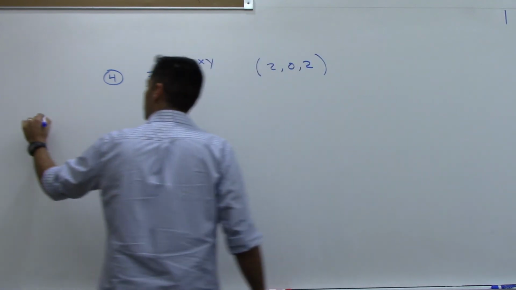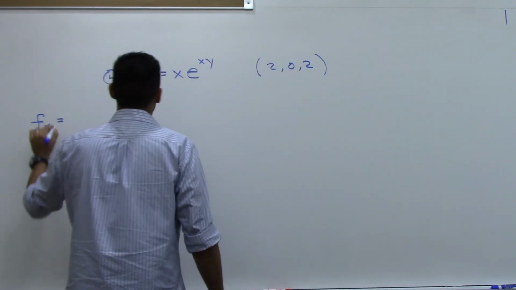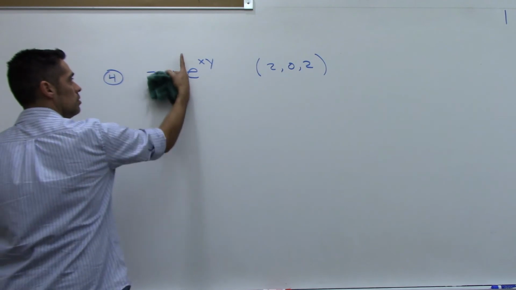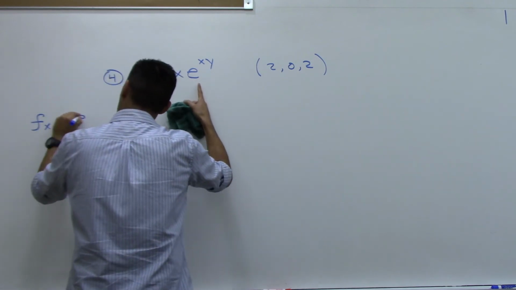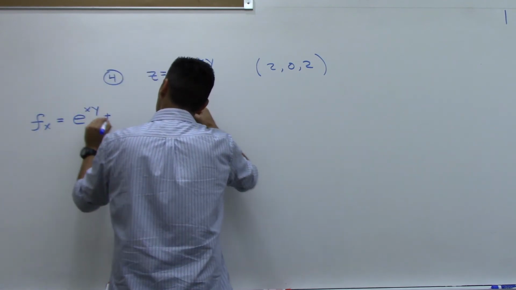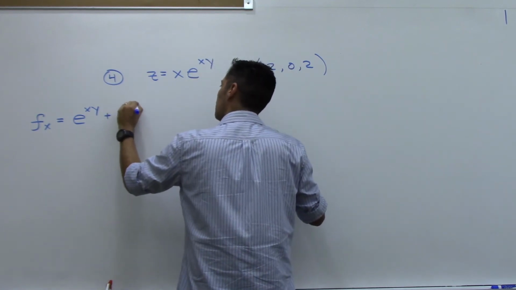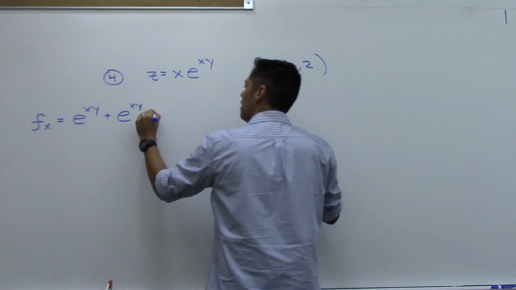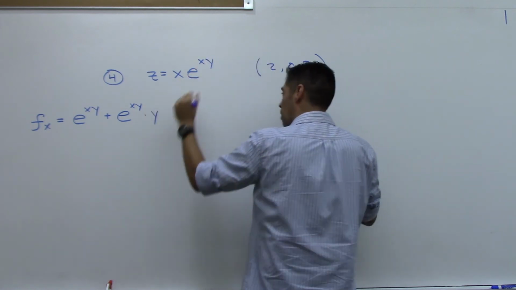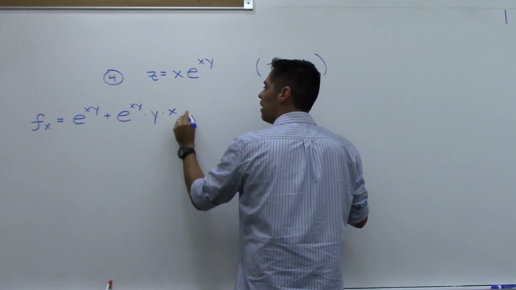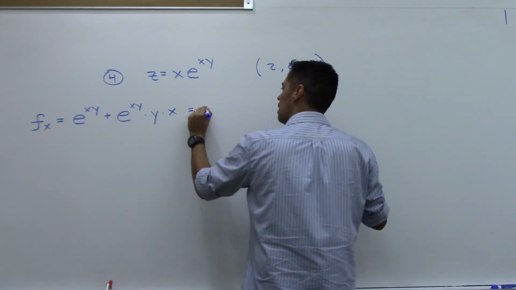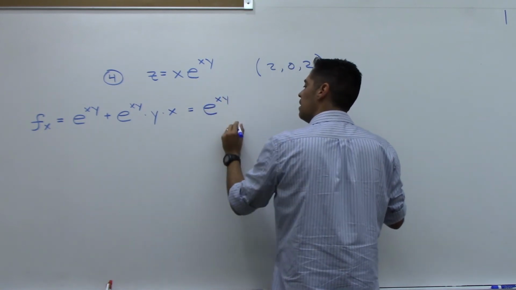So partial of f with respect to x. That means I have to do a product rule. So I've got e to the xy plus the derivative of e to the xy, which is itself times the derivative of what's up here, which is just y, but then finish off the product rule times x. So that's just e to the xy.